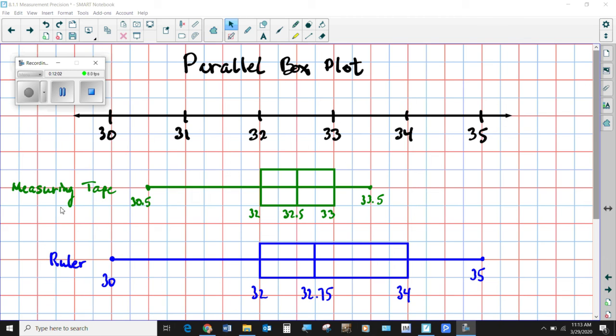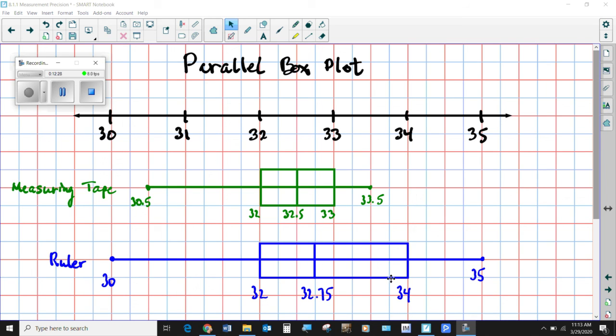And if you're saying measuring tape, I agree with you, because the distance between the minimum and the maximum is only 2.5, and 50% of the data was between 32 and 33 feet. That's making me think that the more accurate measurement puts us somewhere in this 32 to 33 foot range. Here you say 32 to 34 foot.